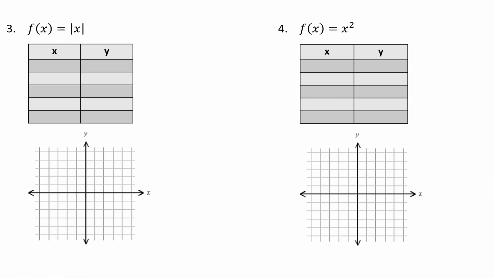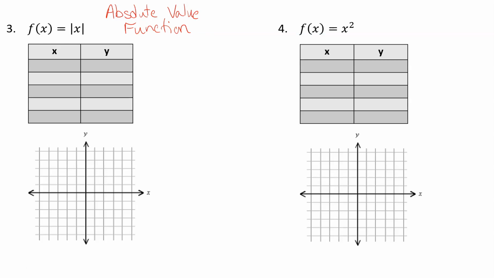Okay, number 3. This is called the absolute value function. We see those bars there. We've already learned that those mean absolute value. Absolute value function is what we have here.